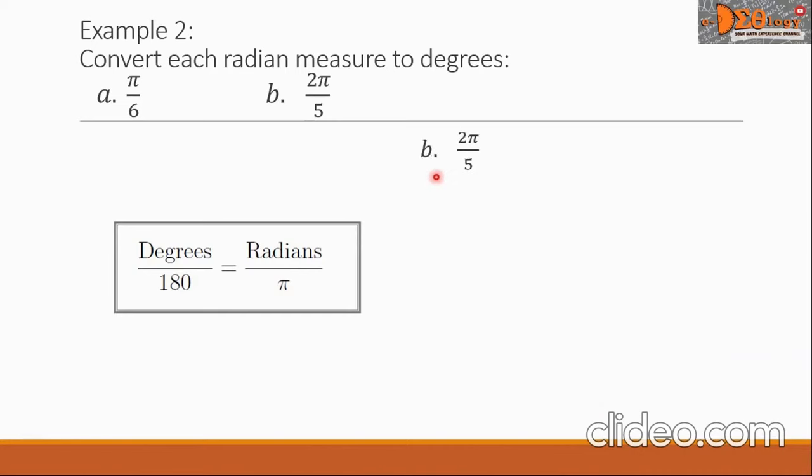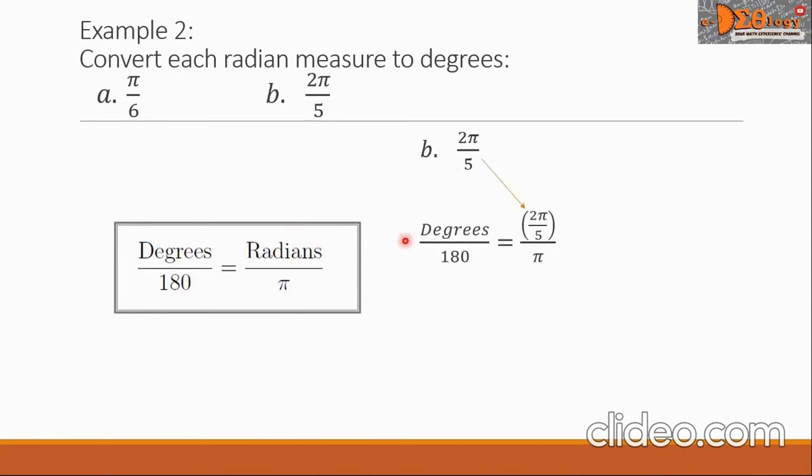Let's have the letter B, the 2 pi over 5. Again, we will copy this formula, and on this portion of the radian, we're going to substitute that value 2 pi over 5.